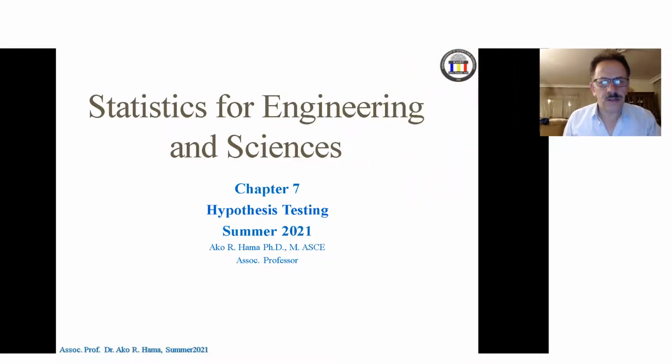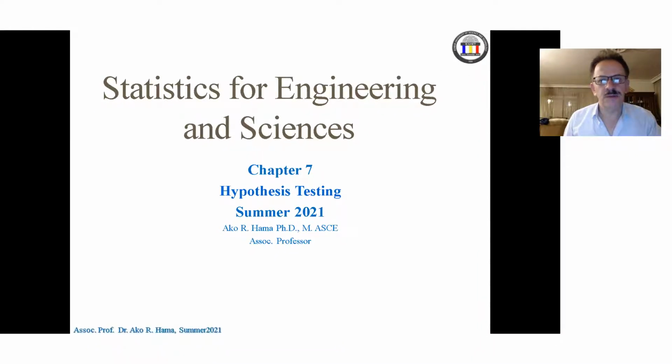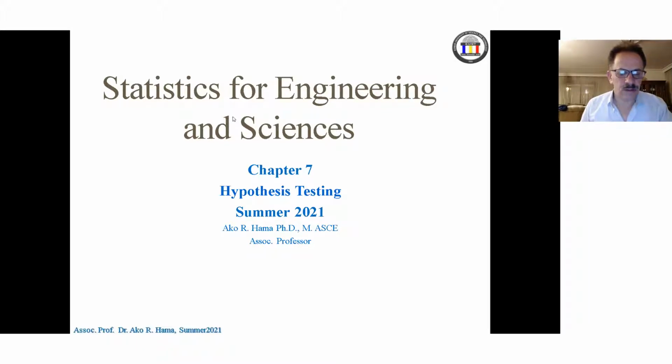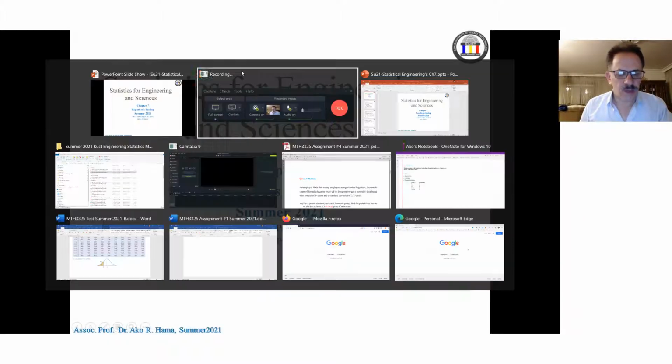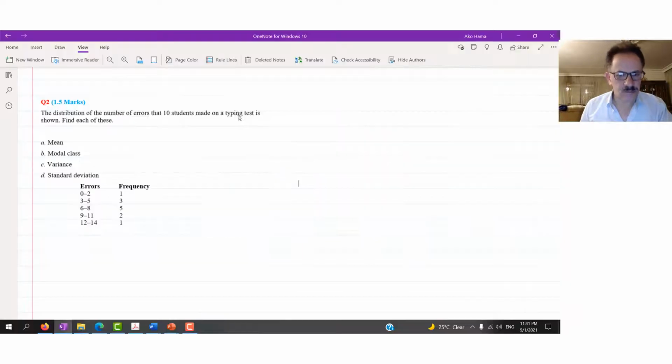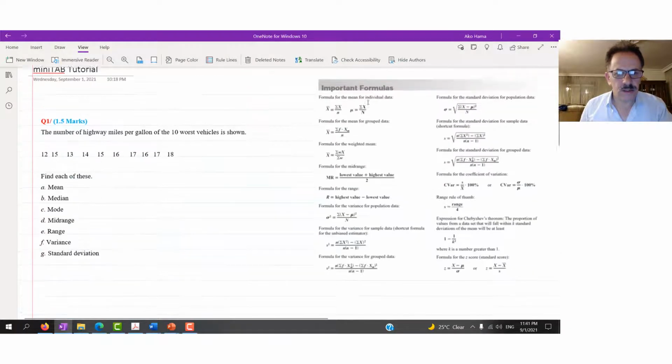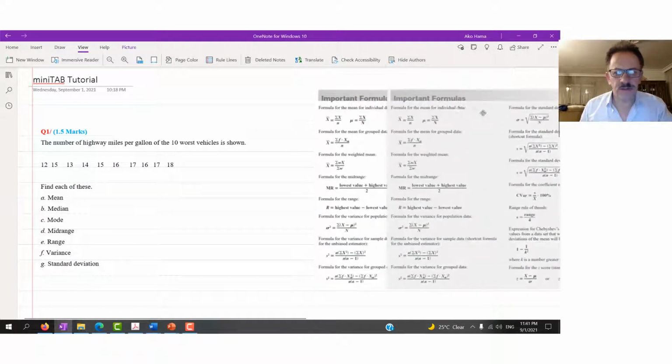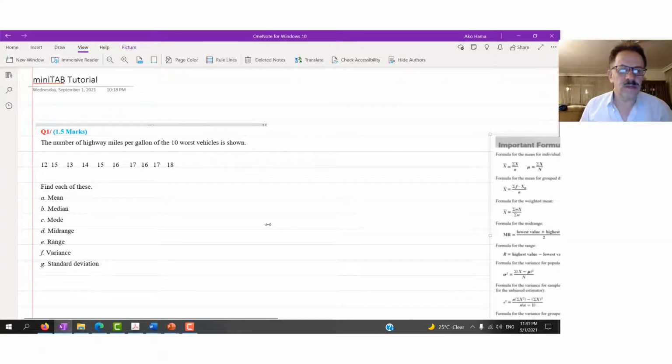I will take different questions from different assignments and use some small parts, because I have received many questions regarding the assignments and how to use Minitab, especially when we have group data. Now let me start with this problem.